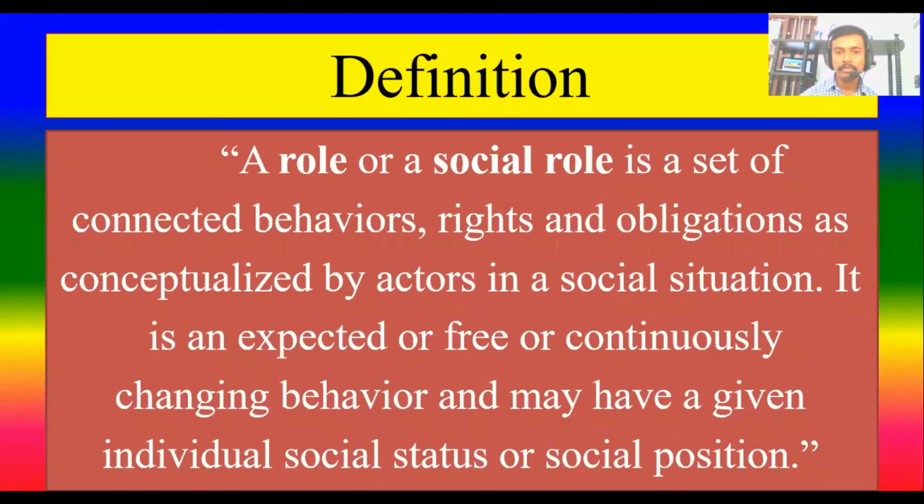A social role is a set of connected behavior, rights and obligations as conceptualized by actors in a social situation. It is an expected or freely or continuously changing behavior and may be given to an individual's social status or position.